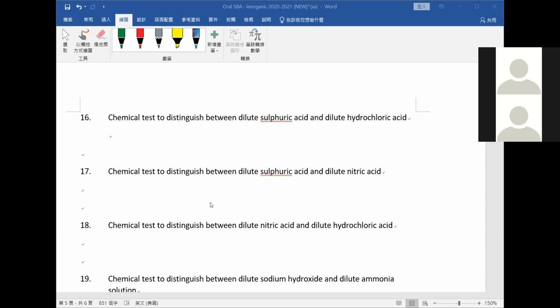Yep, let's start from this. Right? The silver nitrate test. How would you do the silver nitrate test?